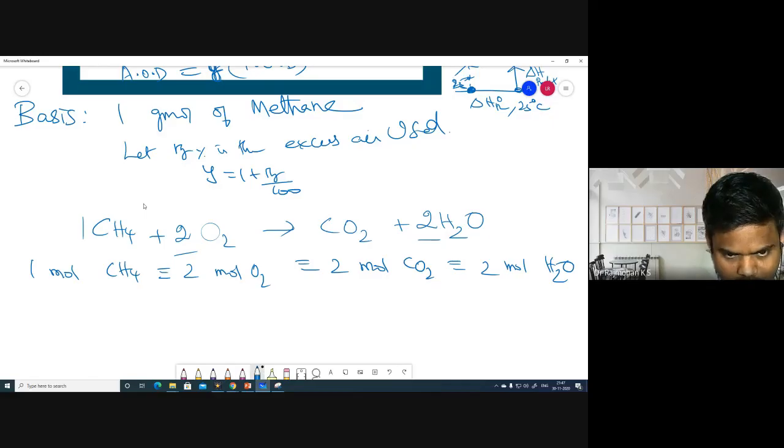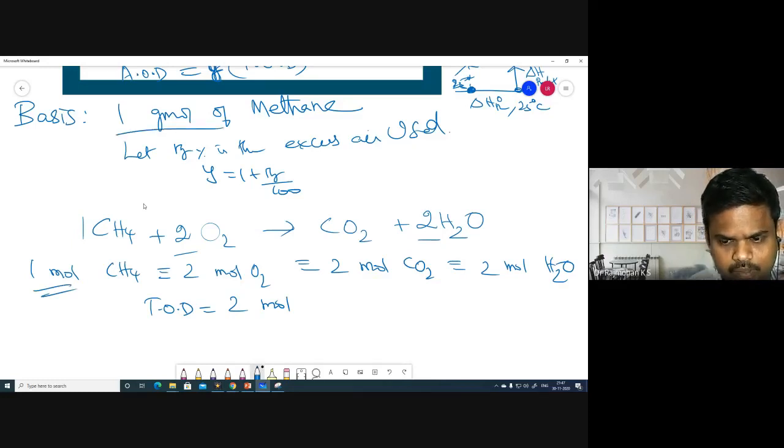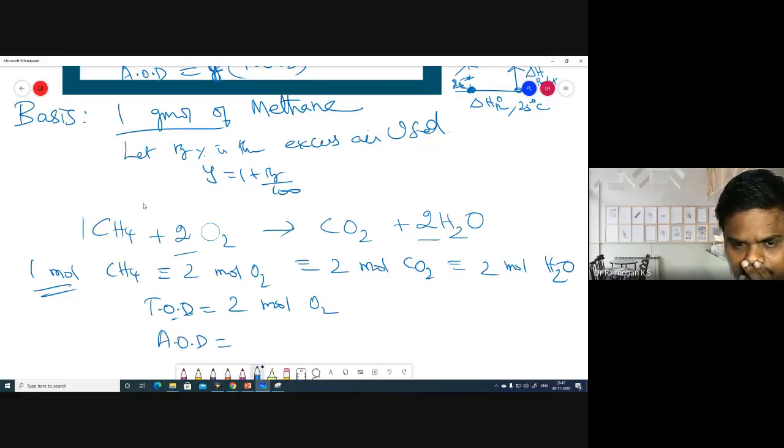Okay, so that means our theoretical oxygen demand is equal to 2 moles, because this is our basis. Our basis is 1 gram mole of methane. Okay, so TOD is 2 moles of oxygen, right? Here itself oxygen is there. Okay, theoretical oxygen demand is 2. Then what is our actual oxygen demand?